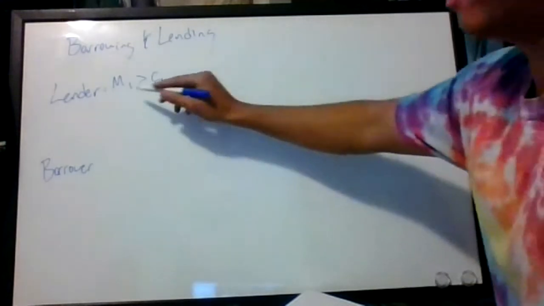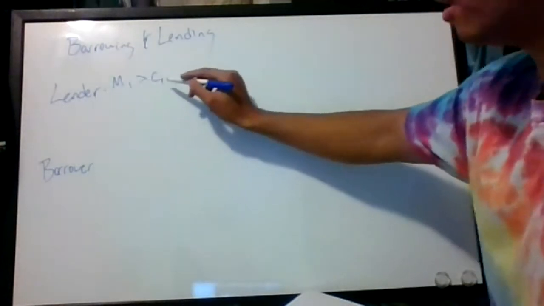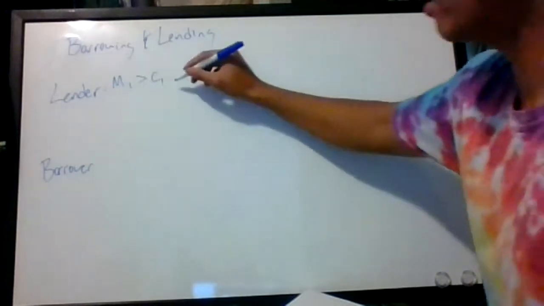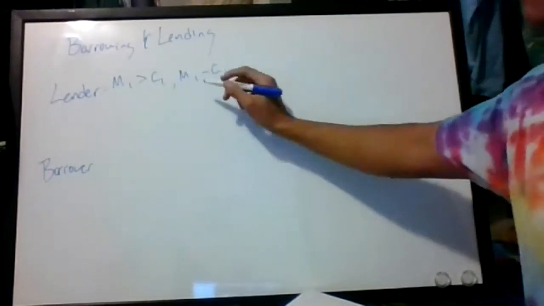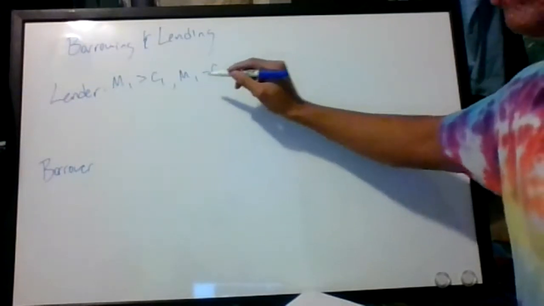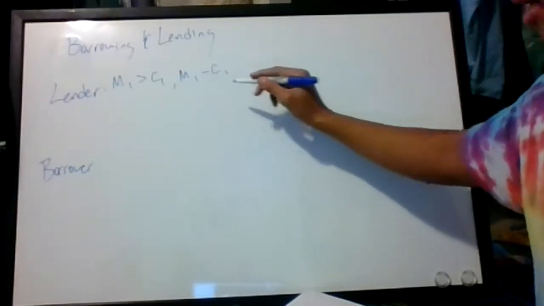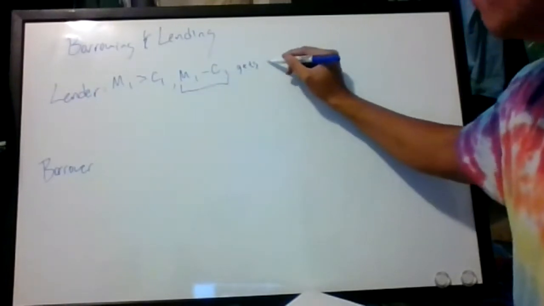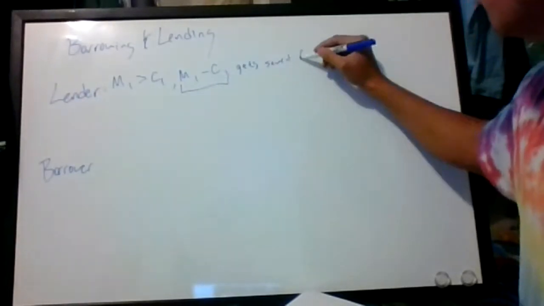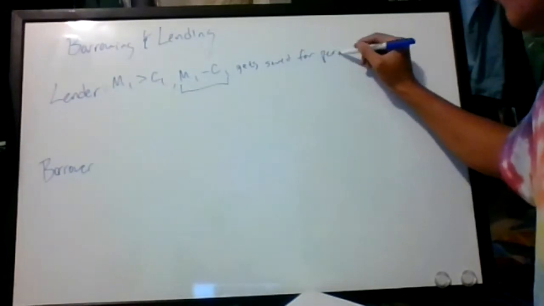Because they start off with more money than they end up spending, we're going to say that M1 minus C1, the difference between what they have and what they spent, gets saved for period two.